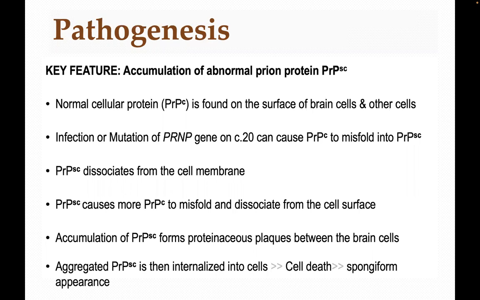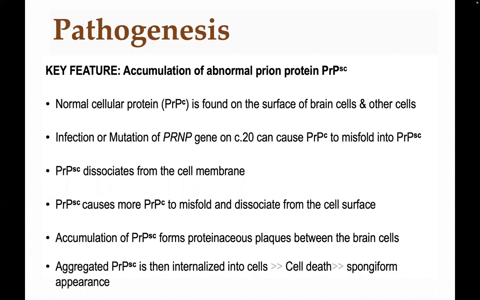So if there is either a mutation or an infection, maybe through ingestion of meat that is infected by this prion, then this can cause the normal prion protein to misfold into the scrapie type. And then this scrapie type will now dissociate from the cell membrane, because we've said they are surface proteins on the cell membrane, they dissociate.